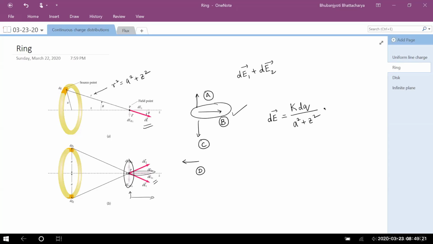Multiplied, now I have to multiply by the unit vector. And how do I calculate the unit vector? Again, the idea for calculating the unit vector would be to find the net vector and then divide it by the magnitude. Since I have to divide by the magnitude, I'm just going to write a squared plus z squared over here. And the net vector has a z component parallel to the z-axis, so that's z times k hat.